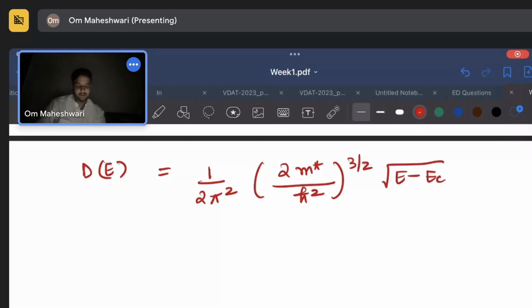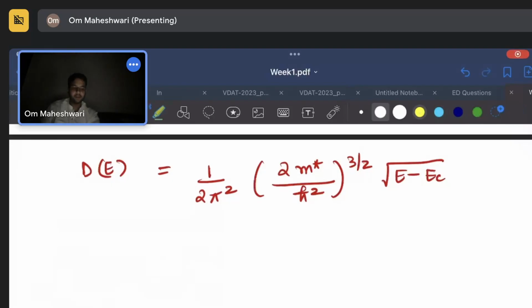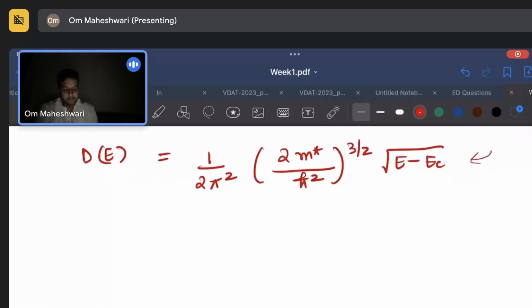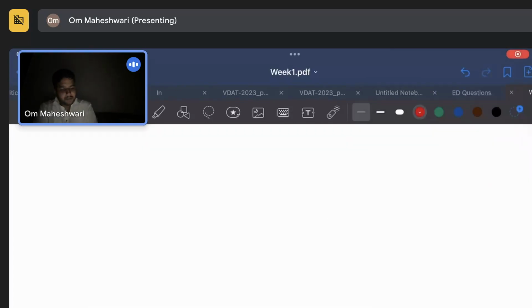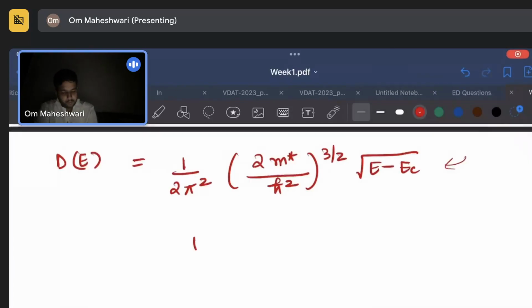Now again, the derivation for this is not important, but if required, I will share a document where you can refer to where this comes from. But for now, let us just take it as it is. What is important for us to know is the density of states, if I want to draw D of E versus E.